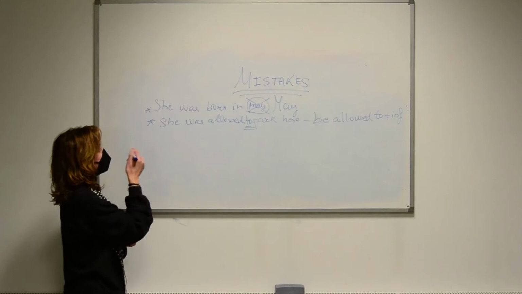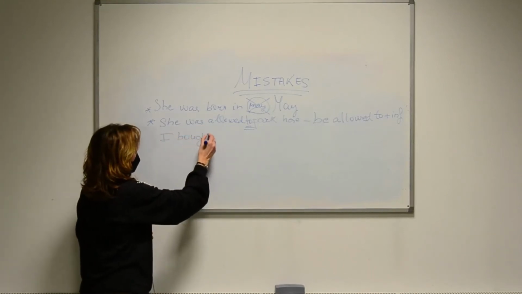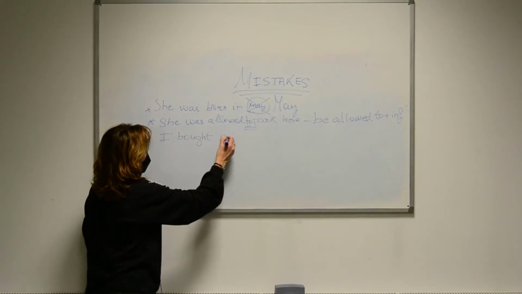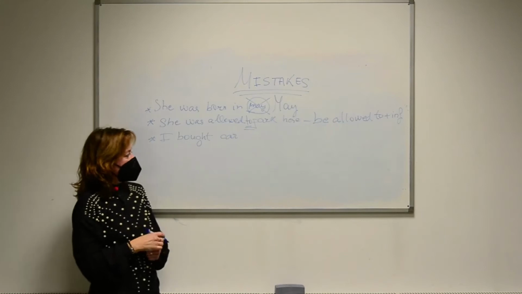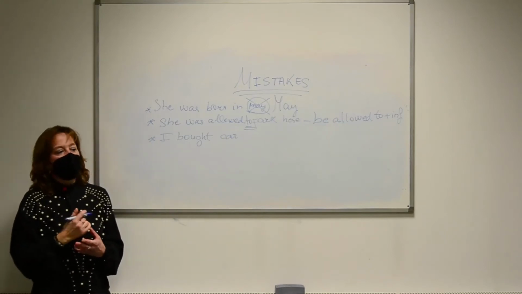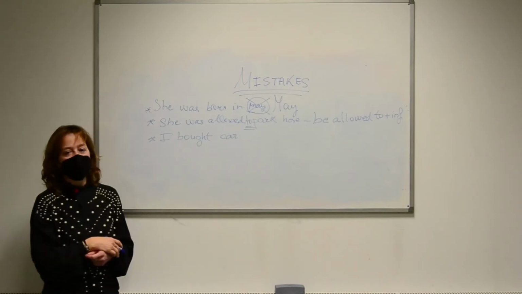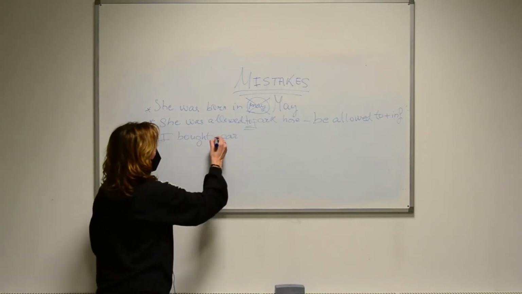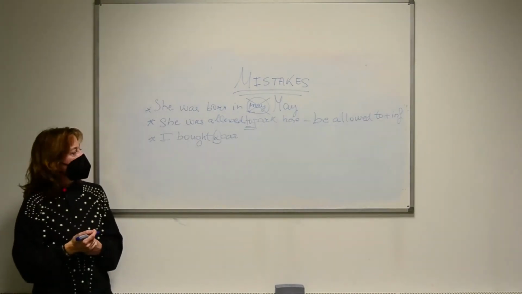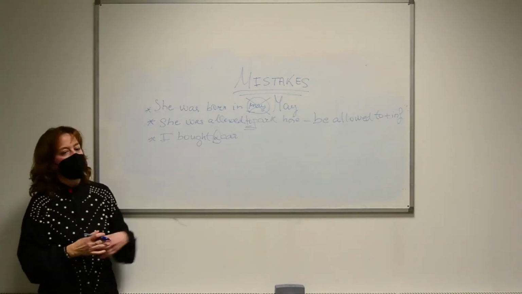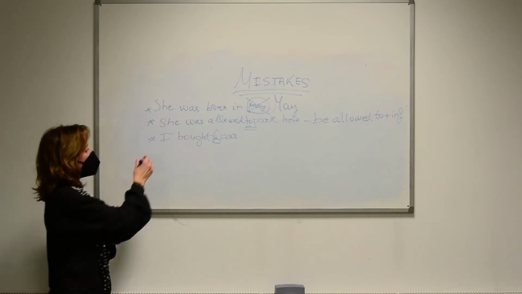Another one should be: Bought a car. In English, the indefinite article is necessary with countable words. Therefore, a is completely necessary. We cannot write a sentence without this indefinite article. The same happens with the subject.